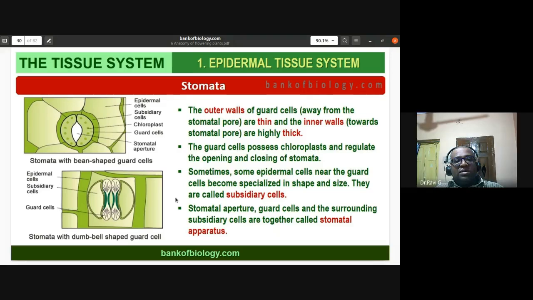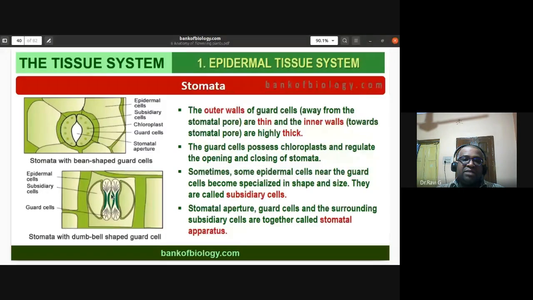Why they are so? One is genetic makeup, and another might have its role, but I have not come across any information as to how it is advantageous to have kidney shaped or dumbbell shaped guard cells. Is it more advantageous than kidney shaped? That sort of information I've not come across.